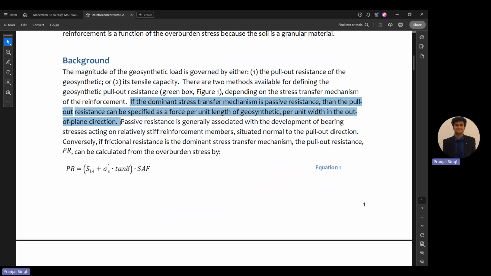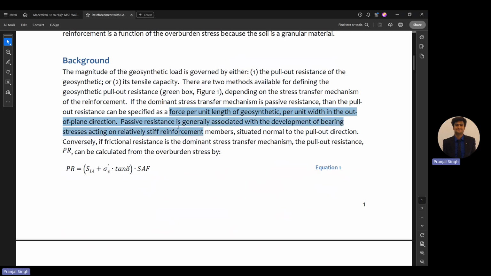Generally, the friction one is used, but if you have the bearing one, then the pull-out resistance is provided as force per unit length. It is a fixed value, force per unit length per unit width in the out of plane direction. So this is a constant value.